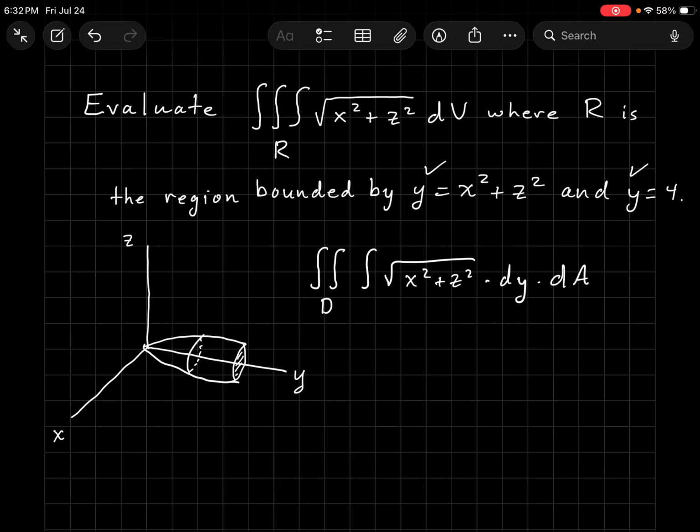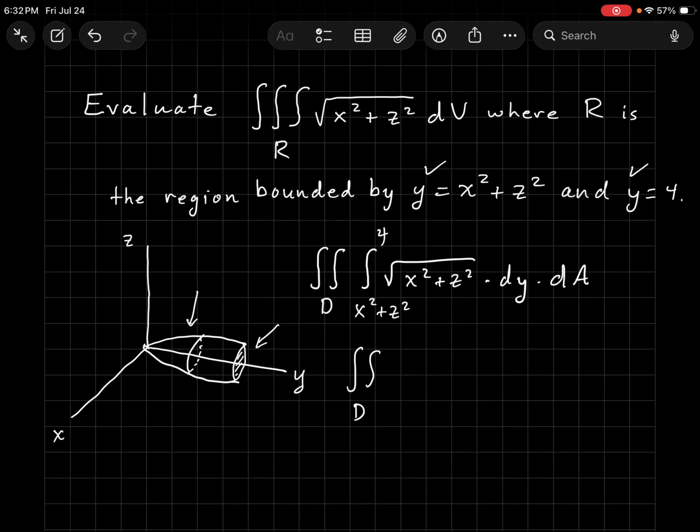We'll worry about that in just a bit. But notice that we're going to integrate from our lower limit, so the smaller y is this function, which is going to be x squared plus z squared, up to the higher y value, which is going to be 4. So we do the double integral over D of integrating y.